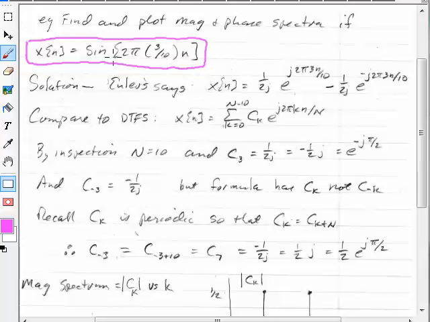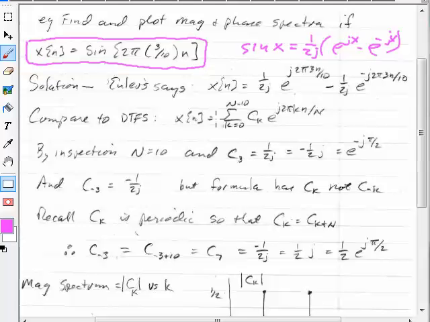One way to do that with sines and cosines is to replace it with the Euler identity. Remember that sine x is 1 over 2j times e to the jx minus e to the minus jx. So if I break up this sine wave, it becomes 1 over 2j e to the j 2 pi 3n over 10 minus 1 over 2j e to the minus j 2 pi 3n over 10.